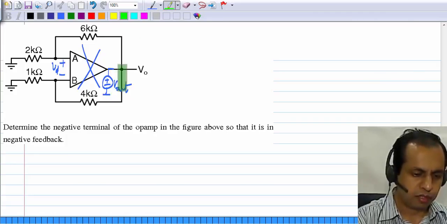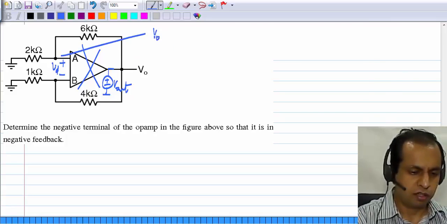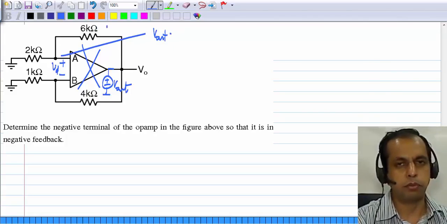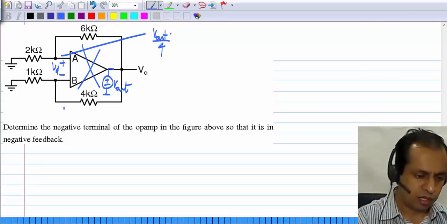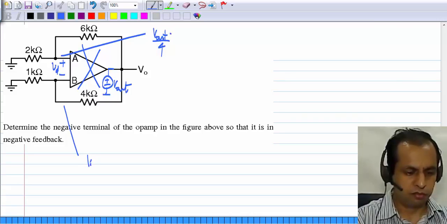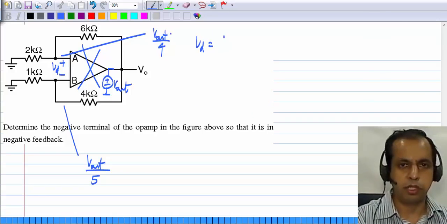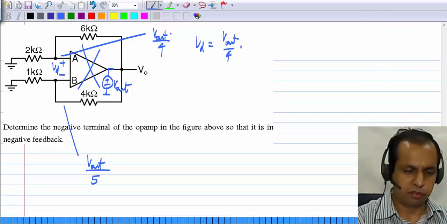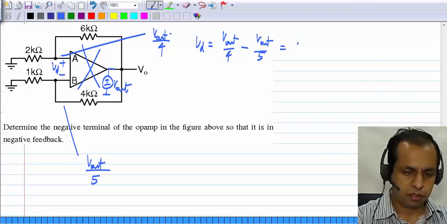If this is V out, from the voltage divider formula I know that this will be V out times 2 divided by 8 or V out divided by 4, and this voltage will be V out times 1 divided by 5 or V out by 5. So this Vd will be V out by 4 minus V out by 5, which will be V out by 20.